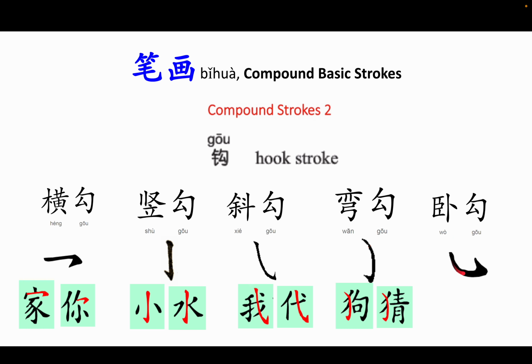How about 卧钩, as you can see in the character of heart, and this must. You don't have to write those examples down. The purpose of those characters is just to show you how we use those strokes in real character writing.